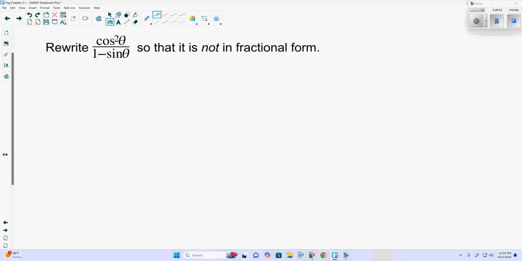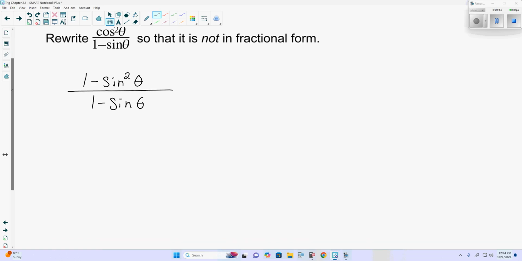Well, according to the trig, or our Pythagorean identity, cosine squared is the same as 1 minus sine squared. That seems like an odd jump because we went from 1 to now 2, yes?